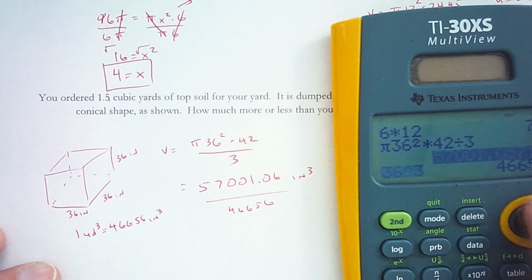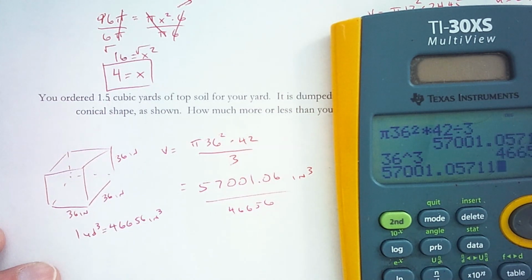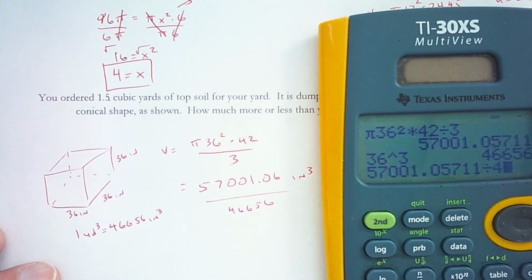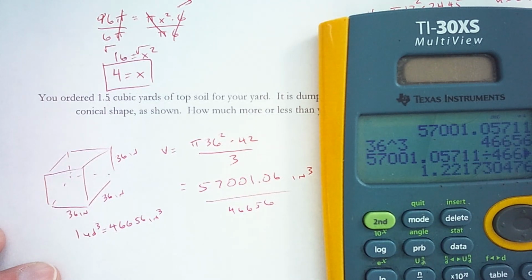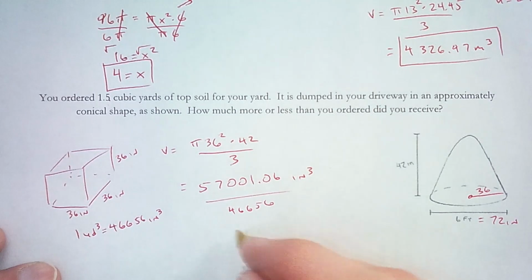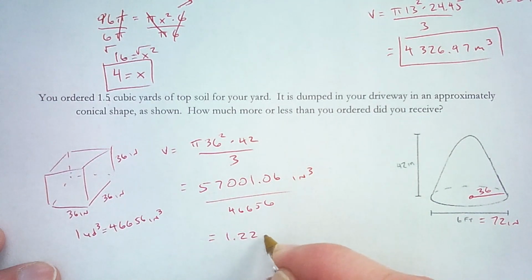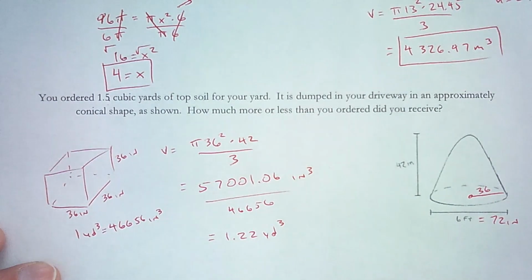So I'm just going to highlight that and divide it by 46,656, and we get 1.22. So we got 1.22 cubic yards.